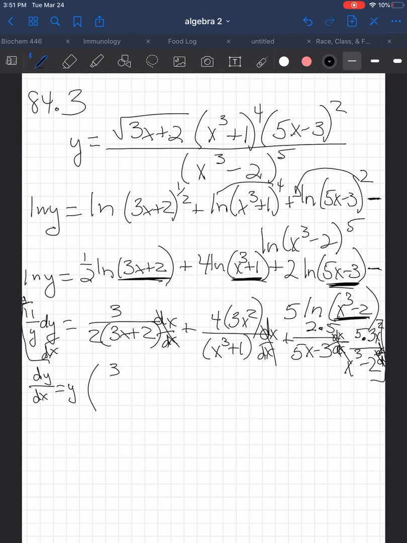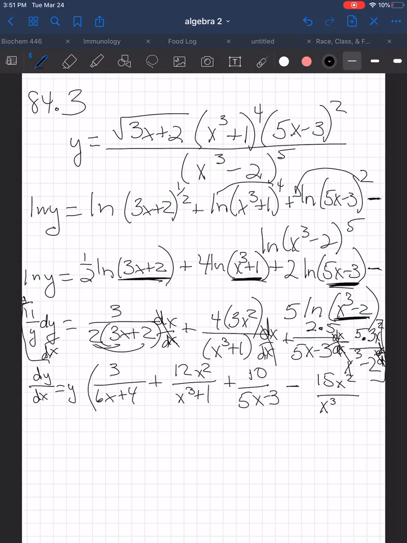I guess go ahead and multiply this out. 6x plus 4 plus, nothing cancels here, 12x squared over x cubed plus 1 plus 10 over 5x minus 3 minus 15x squared over x cubed minus 2.